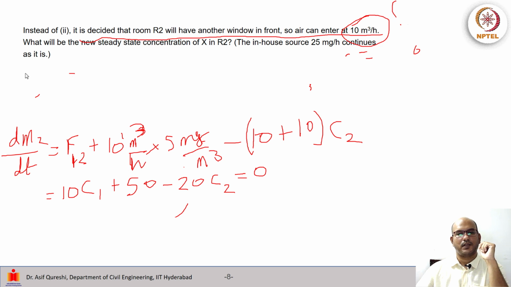So 10 times C1 is 10 into 7.5, plus 50, minus 20 C2 equal to 0.